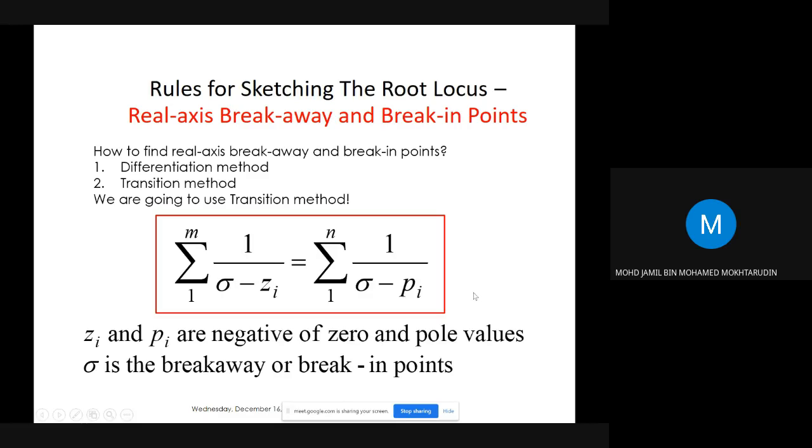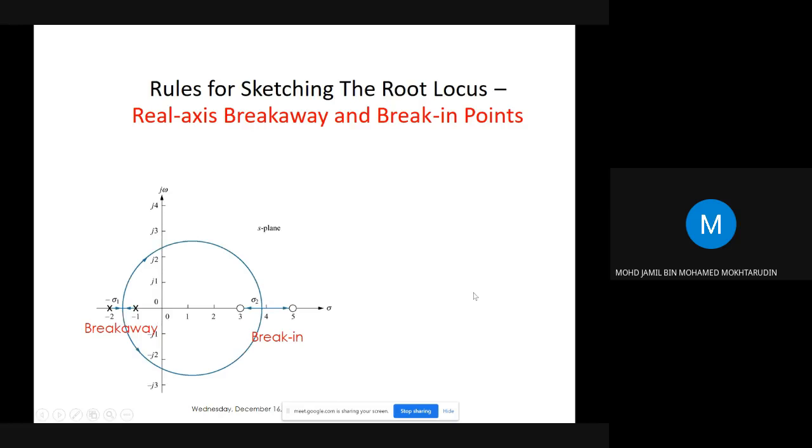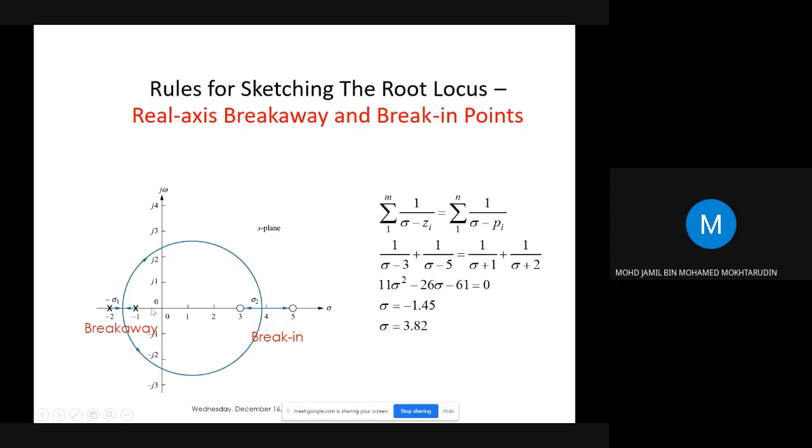Okay, let's look at example. Okay, so let's say this is the root locus. Let's say kita tak tahu breakaway and break-in point. So from this root locus, your poles is these two. So S at -1 and -2, and zeros are these two, okay?